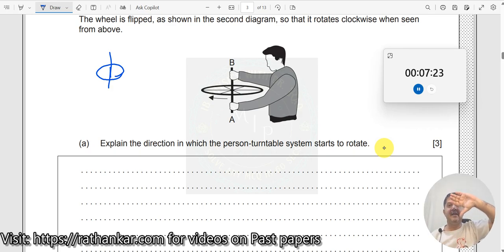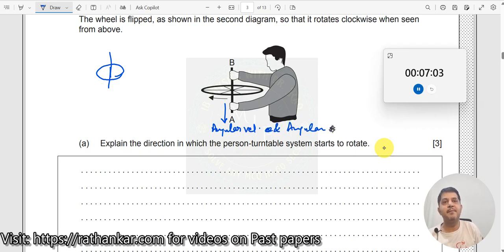As a result, the finger is pointing downwards, which means this will be your angular velocity. And I times angular velocity is nothing but your angular momentum. Thus, the direction of angular velocity and angular momentum are the same.